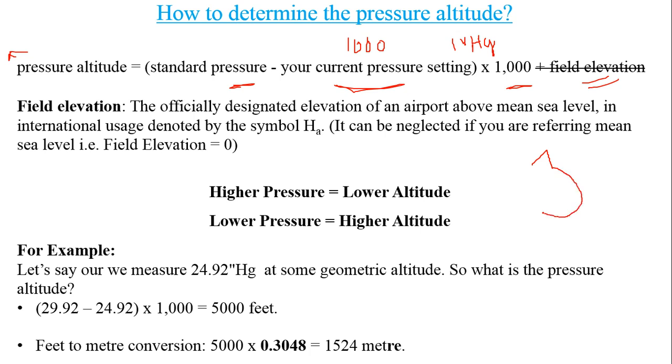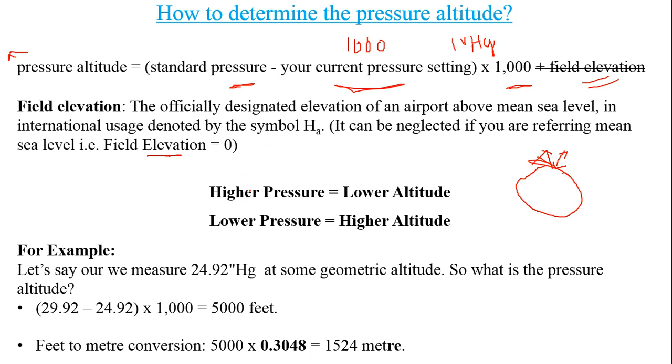So considering this as earth, if we are on some mountain and this is the sea level, the altitude is going to differ, and the basic height of the land isn't in accordance with the mean sea level, so it is elevated. This elevation is termed field elevation, the height difference from the mean sea level. Now we are referring to the mean sea level condition, so we can take the field elevation as 0.